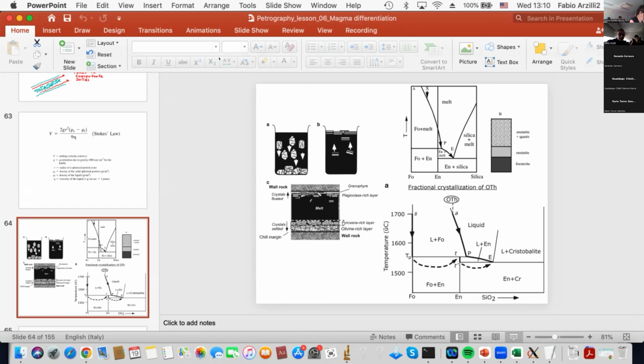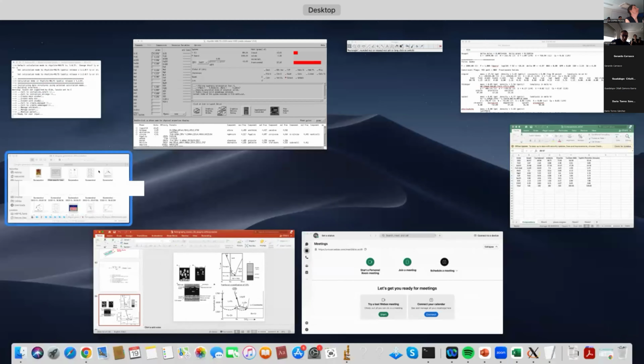You cannot go back because the rhyolite represents your eutectic point. So it's the end of the evolution.